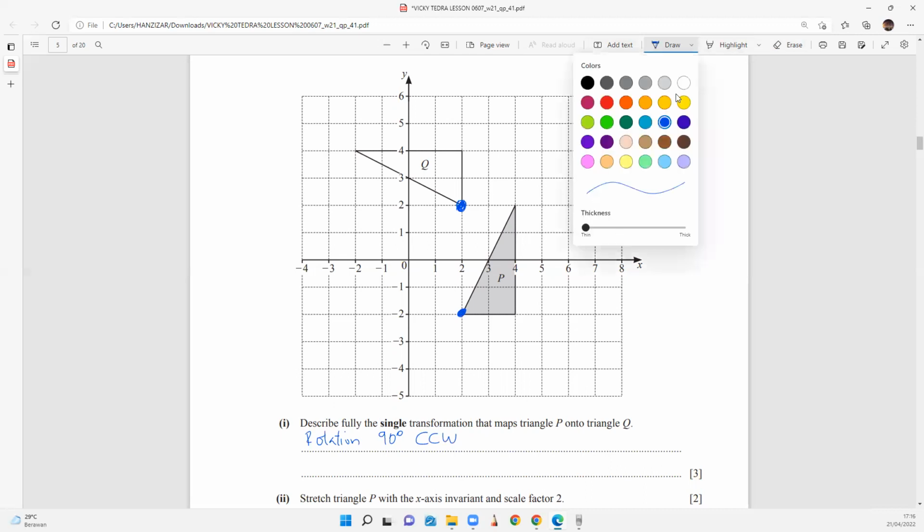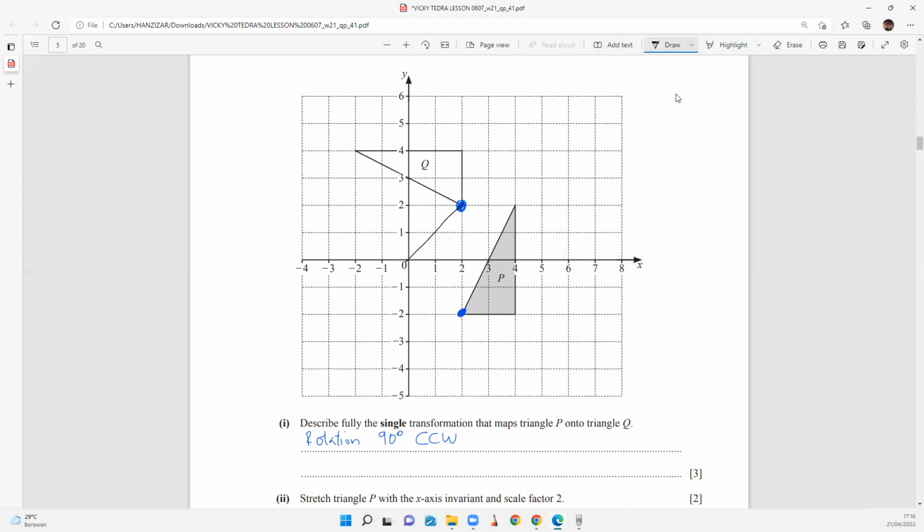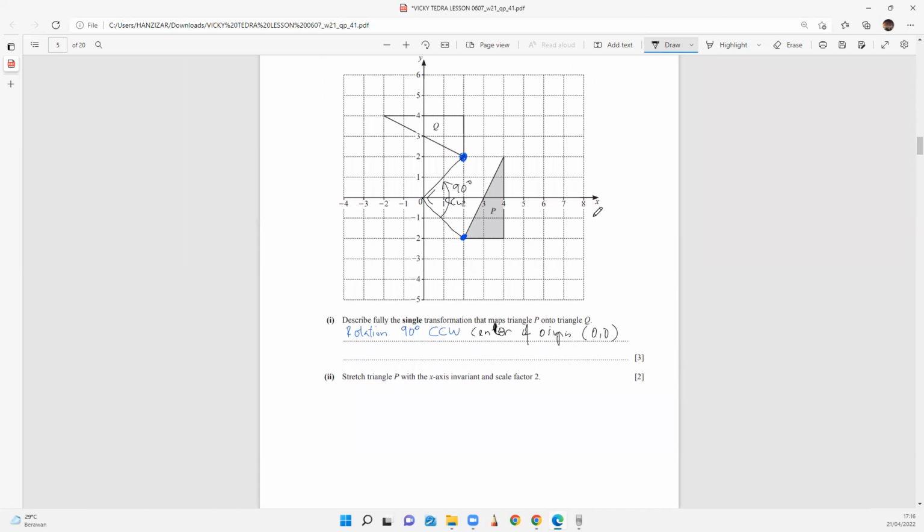The center is usually, in this kind of question, 0, 0. See? So from here to here, 90 degrees counterclockwise, with the center of origin, or 0, 0. And now you do the stretching with the x-axis invariant and scale factor 2.